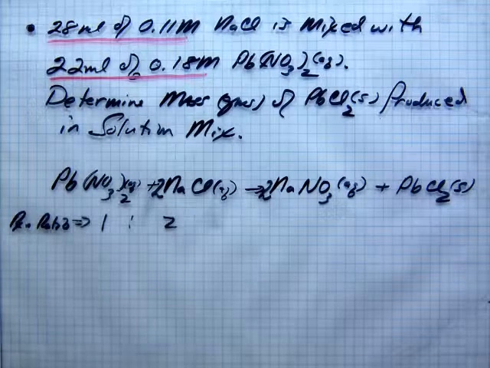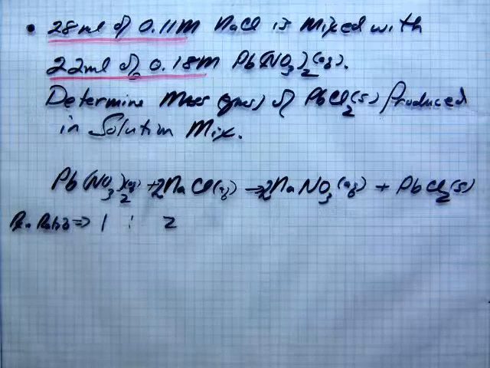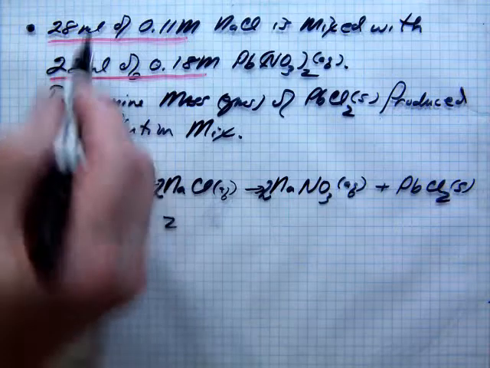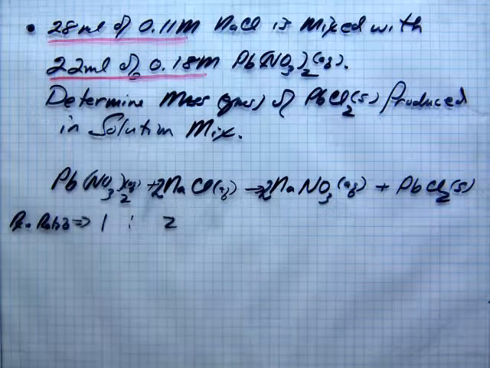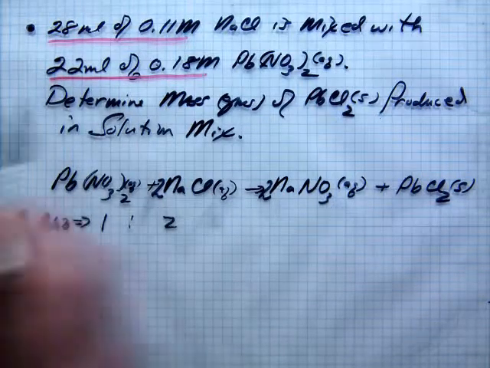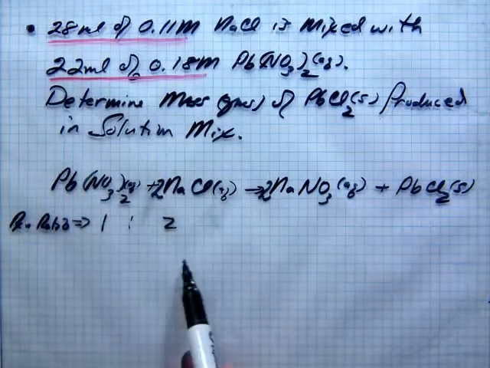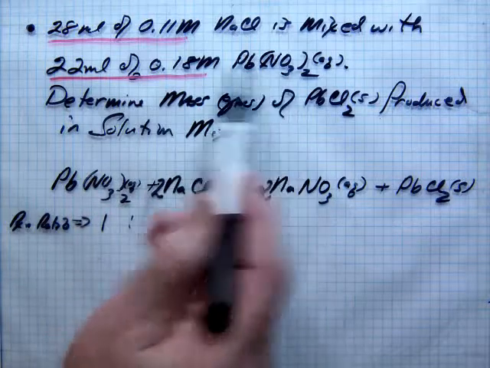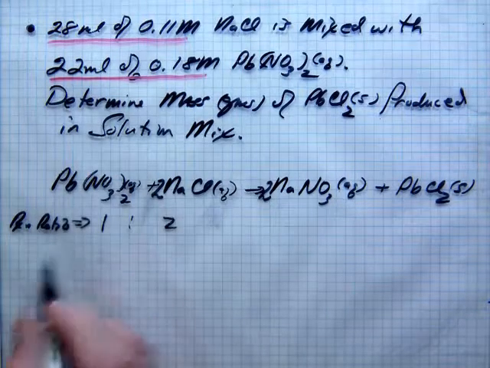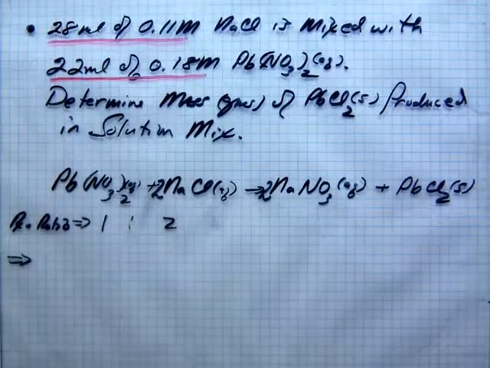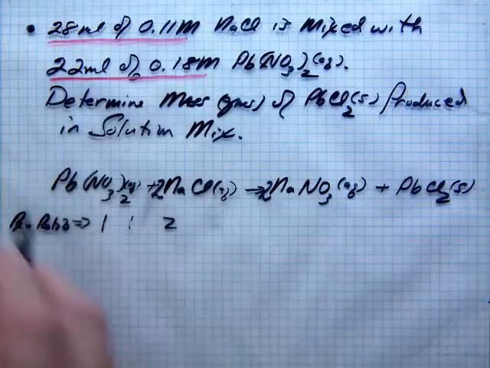Okay, now remember how I set this up. I take these two and attach them to the reagents that are in the reaction. Here's the sodium chloride, so I want to write it down in here, and the lead nitrate I want to write over here. So I'm going to put a little bar out here and write the lead nitrate first.